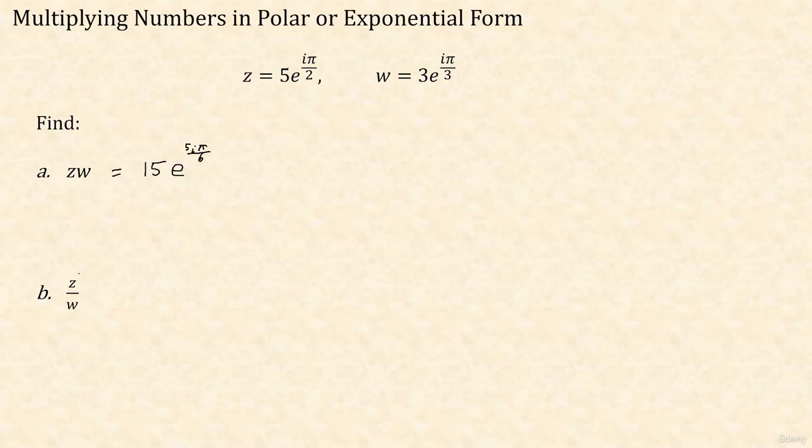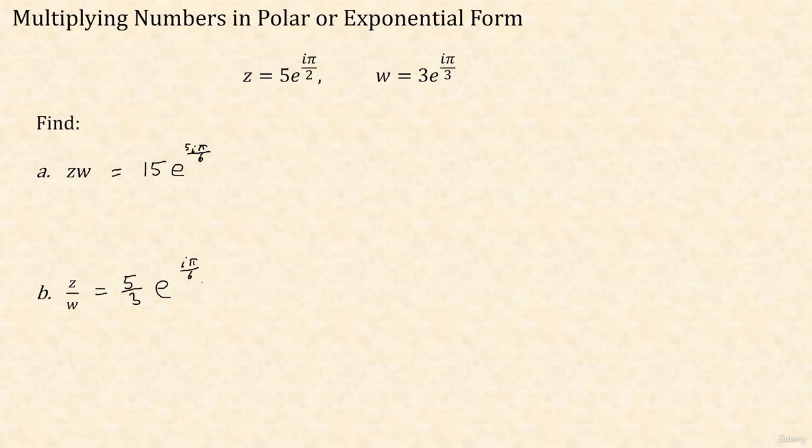Now what about when we divide? Well, we divide the modulus, so 5 over 3 is just 5/3. And then the argument we subtract, so we do pi over 2 minus pi over 3, which is pi over 6, and so that's i pi over 6.